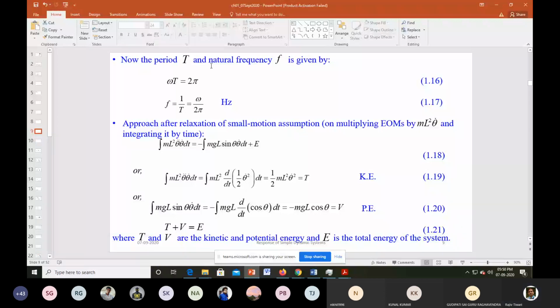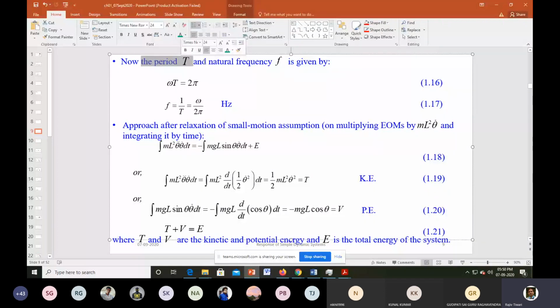So we know that the period of that particular pendulum is capital T. Natural frequency f is in cycles per second, or hertz. Then we have the circular frequency omega, which is related to the time period like this: omega is 2 pi by the time period.